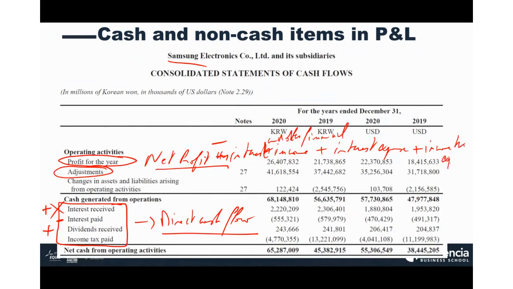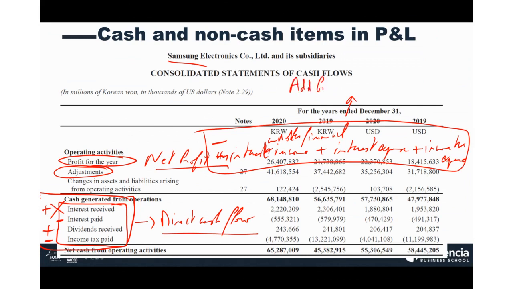So now I can put minus income tax paid. So in order to put all this in the last step, I need first to eliminate some cash expense. So I add back, I subtract some cash expense and revenue. It's because I want the direct cash flow in the last part.